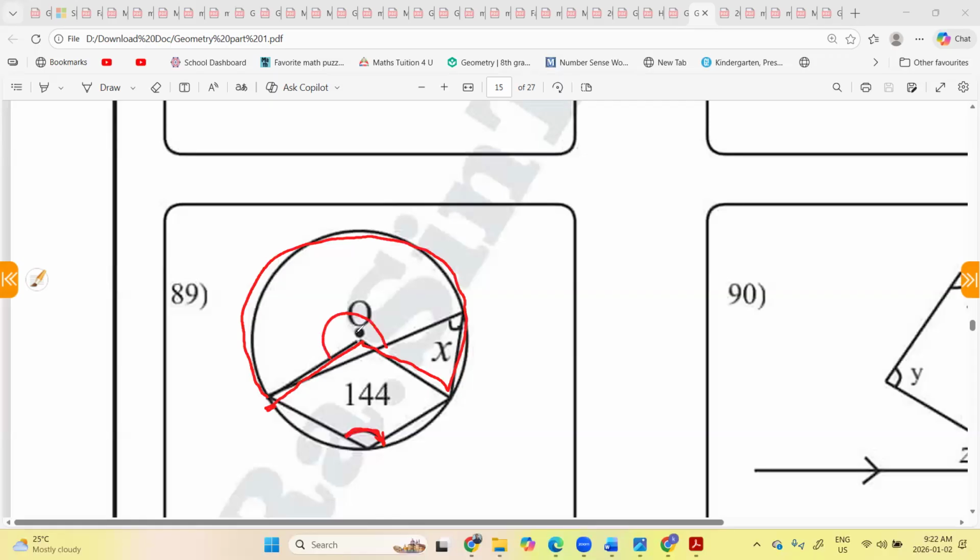So this one is double of 144, 288. In this 288, what is the magnitude of this angle? 360 minus 288.